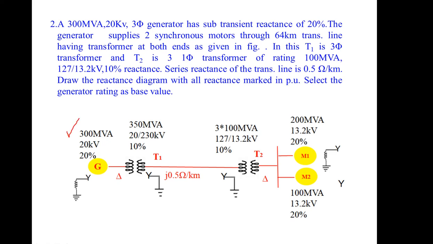The generator is 300 MVA, 20 kV, 20% reactance; then the transformers and motor 1 and motor 2. We find each separately: the generator, transformer 1, transformer 2, motor 1 and motor 2. At last we reduce the single line diagram to the reactance diagram.